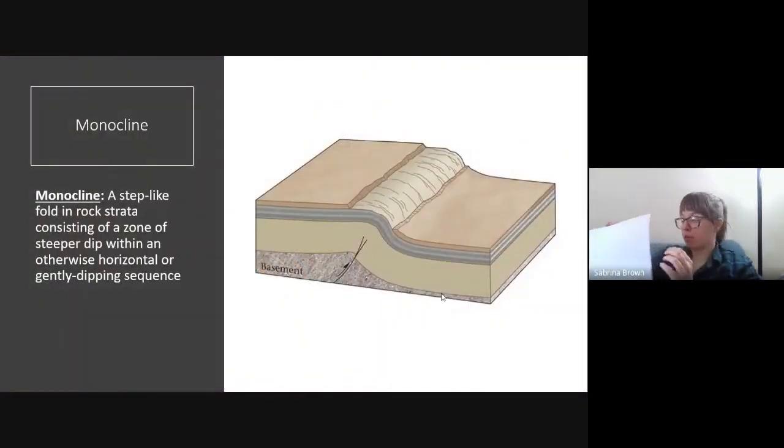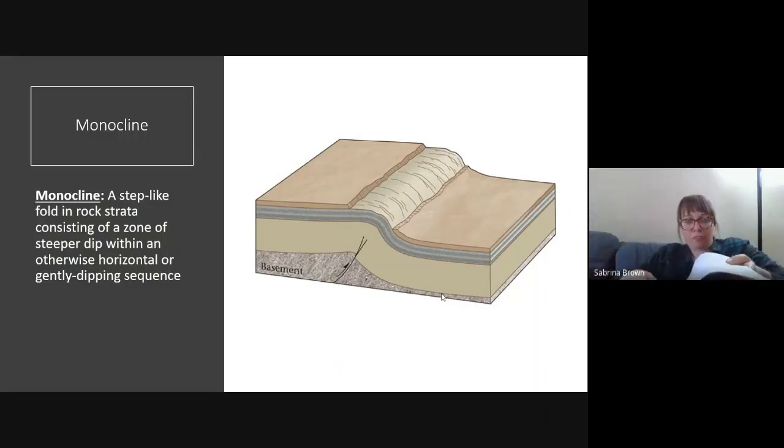All right, so a monocline is just like a little step-like fold in our rock layers that has basically two flat parts offset by a steep zone or a steep fold, right? So we have otherwise horizontal or gently sloping topography, gently sloping landscape.